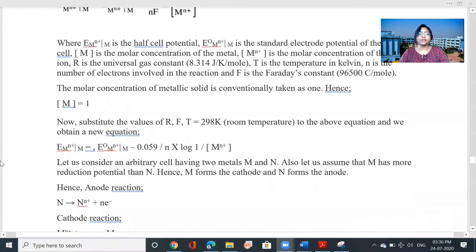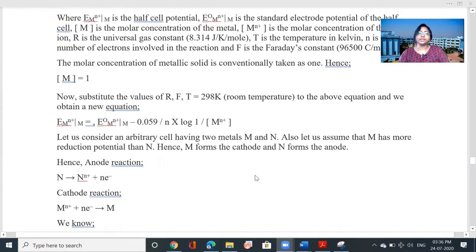We get E of M^n+ single vertical line M is equal to E0 of M^n+ vertical line M minus 0.059 by n into log 1 by the concentration of M^n+. Now let us consider an arbitrary cell having two metals, M and N. We consider there are two metals.